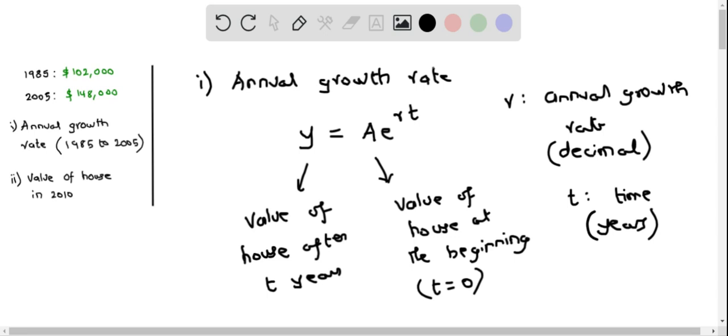So basically, we have to determine the value of R, which corresponds to the annual growth rate.